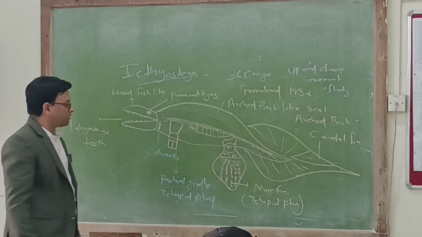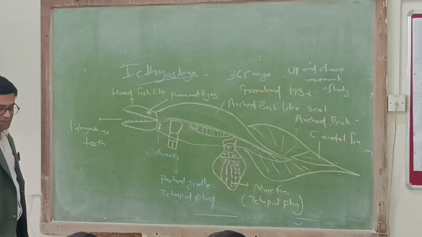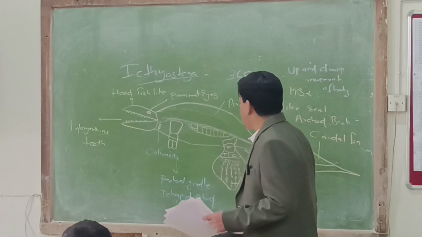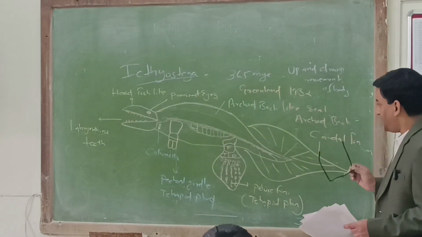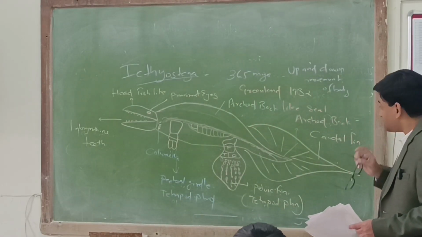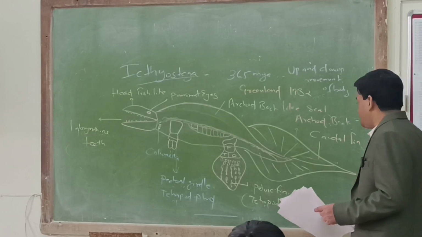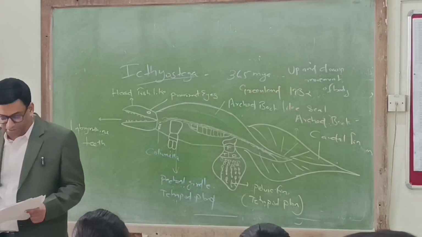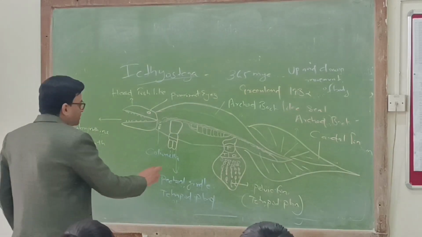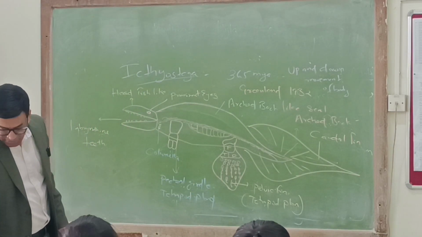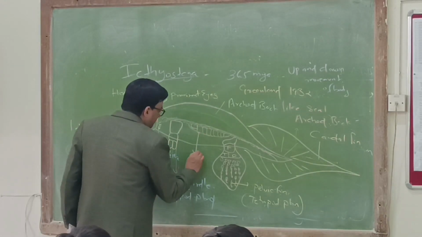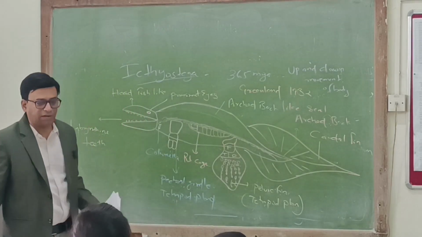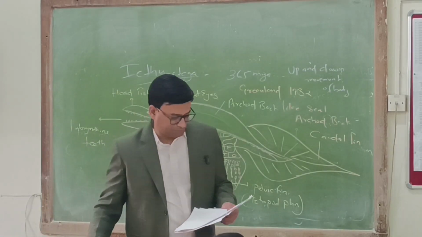So this again shows that this is somewhere the intermediate between the amphibian and the fish character, because its head is like a fish, the body is like a fish, the caudal fin is like a fish, this lobe fin is like a fish but having the tetrapod plan, and the presence of the rib cage shows that it spent a good time on the land, because you will find the rib cage only in land dwelling animals.